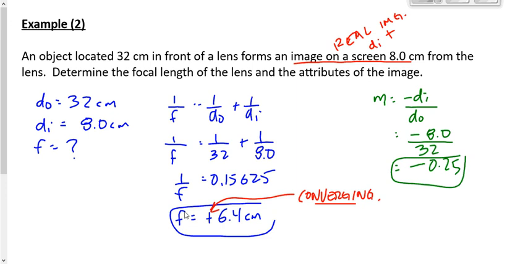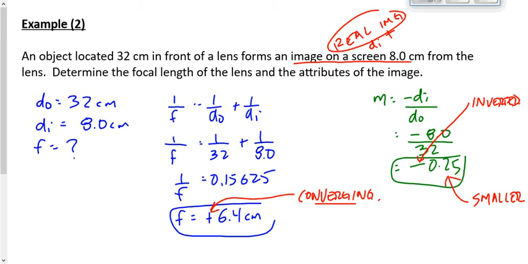The 0.25 tells me that the image is what? No, 0.25 doesn't tell me it's inverted. 0.25 tells me it's 1/4 the size, or smaller. The negative tells me that it is inverted. And we already know that it's real, right? Because it's projected onto a screen.